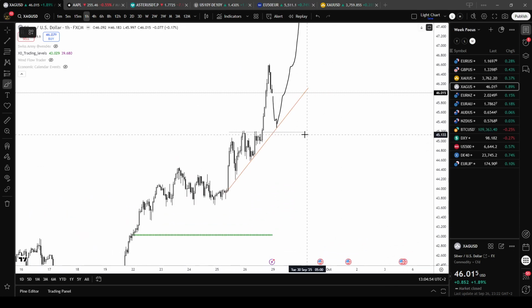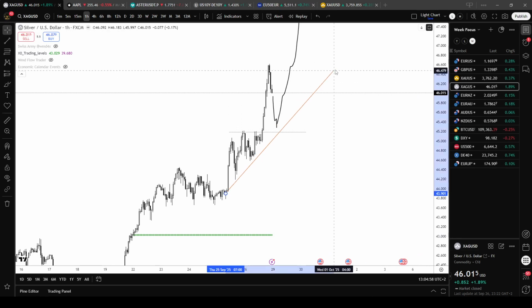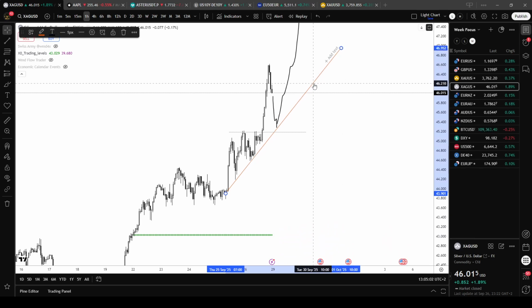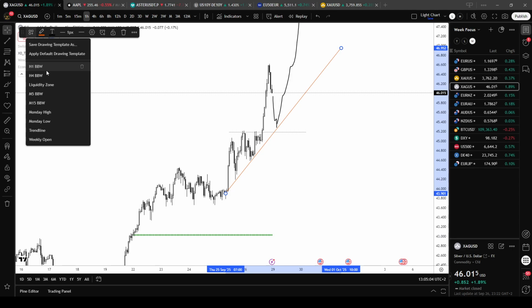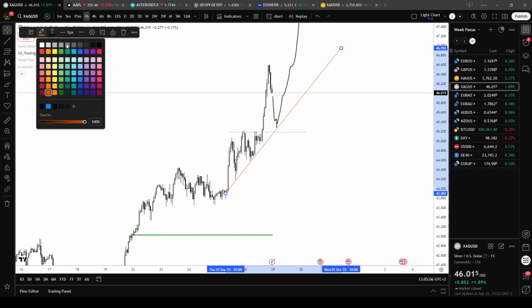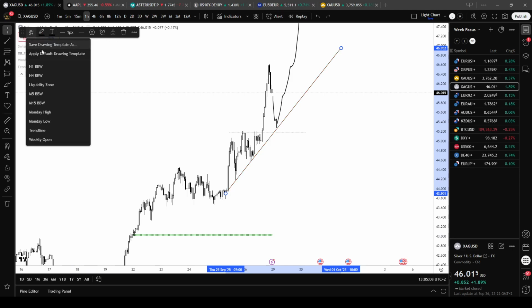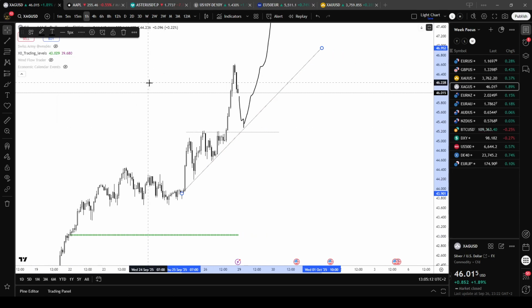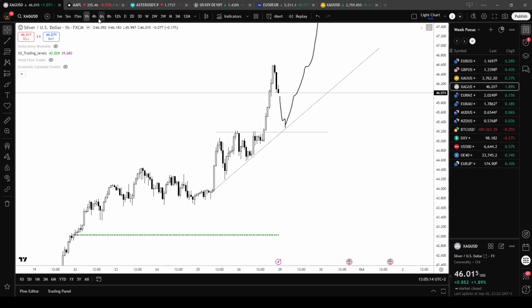So yeah, I do think you really want to watch how price behaves around this trend line because it might be a short trigger if it's broken down. However, I would expect the market to bounce from here, and this may be what we get.